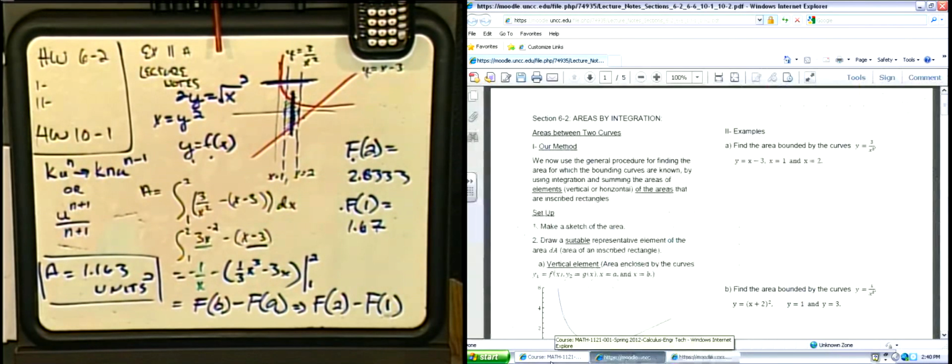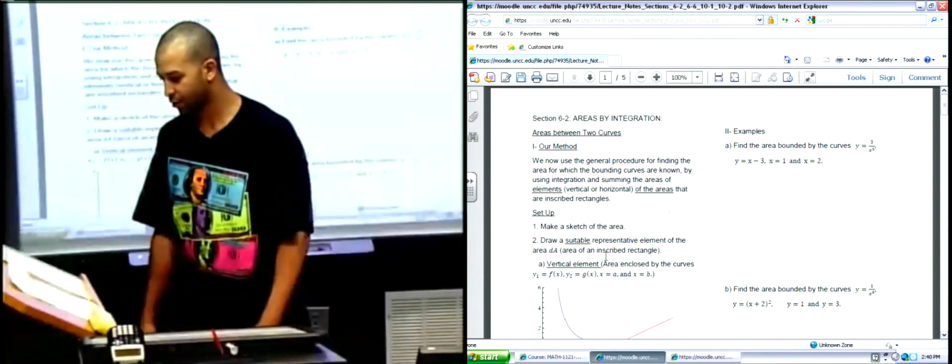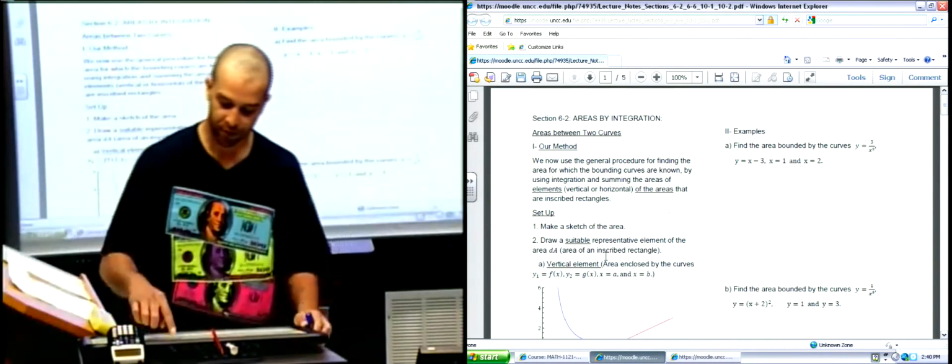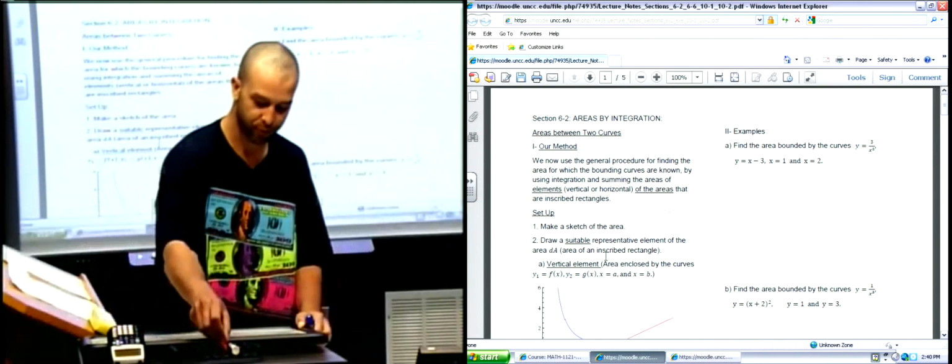Okay. So the next problem I will do is from the homework. It's homework 6.2, number 1, and that's another vertical problem, very similar to this one.